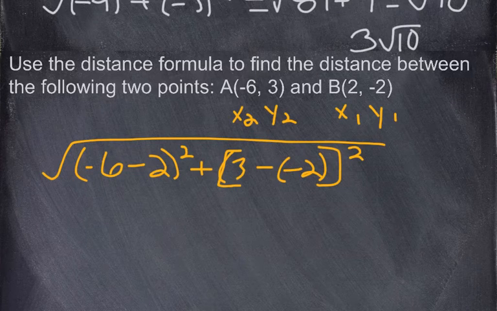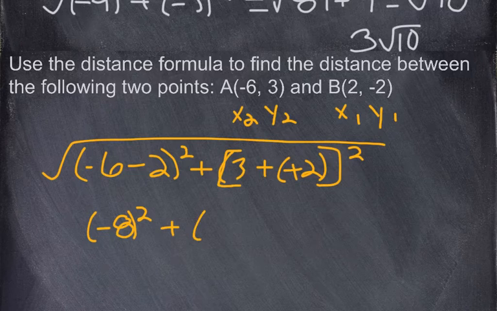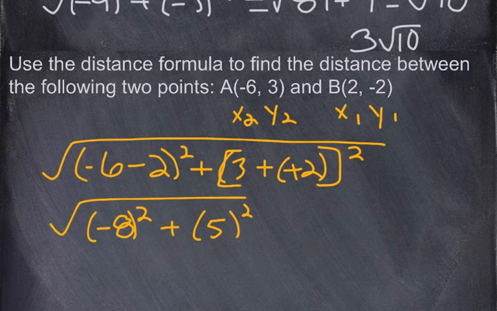So here we have negative 6 minus 2 is negative 8, squared, plus, and on the inside here, notice when you subtract a negative it becomes a plus, so that becomes 3 plus 2, which is 5, squared, and we're finding the distance there. When you square negative 8, you get 64.